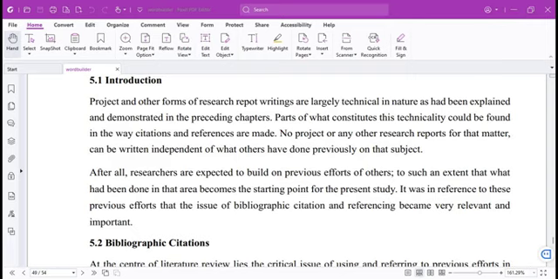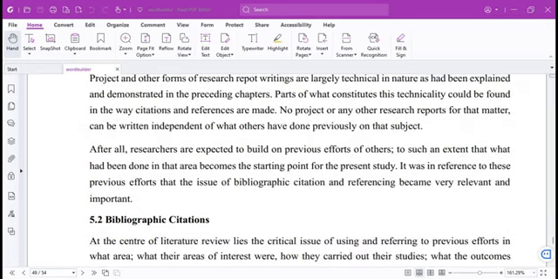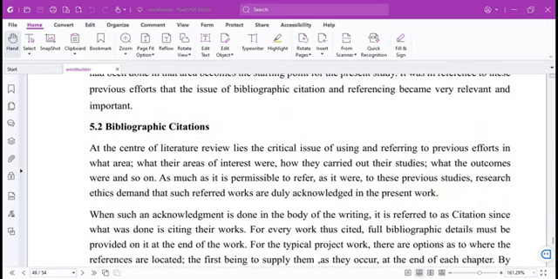A starting point, and like I said, a kind of foundation for you to work on. It was in reference to this previous effort that the issue of bibliographic citation and referencing became very relevant and important. So you need to make reference to what others have done before.